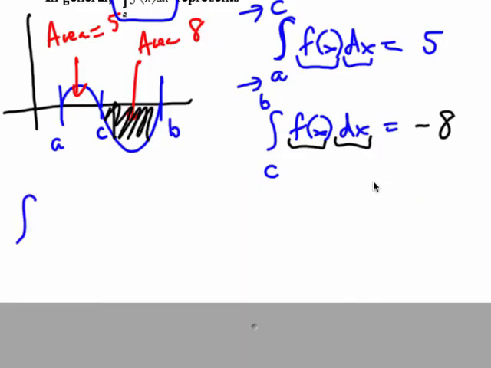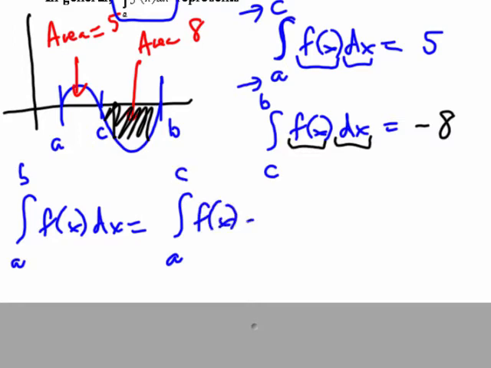And so if I want to know the integral from a to b of f of x dx, that is simply the sum of the integral from a to c and from c to b.